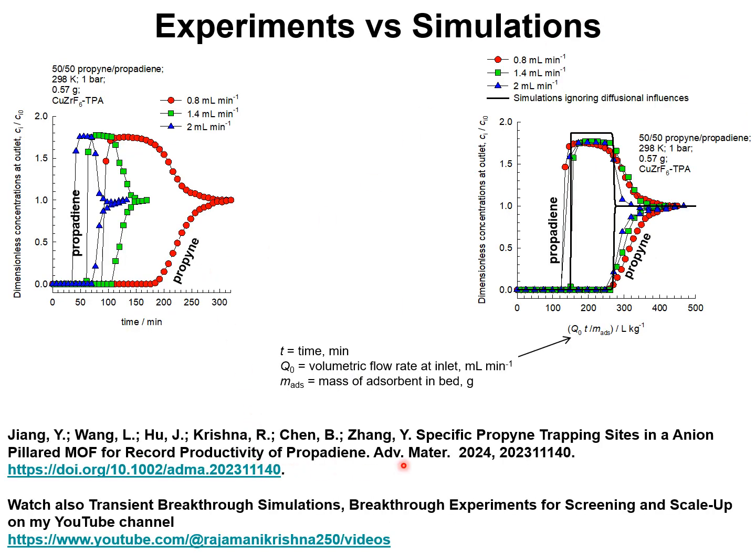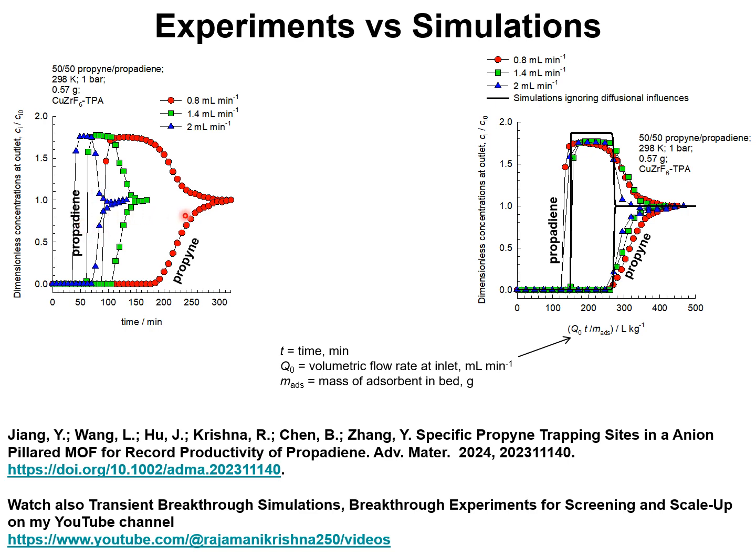In this paper that is online in Advanced Materials, transient breakthrough experiments are reported for separation of 50-50 mixtures of propyne and propadiene at a temperature of 298 Kelvin and total pressure of 1 bar in copper zirconium hexafluoride TPA.